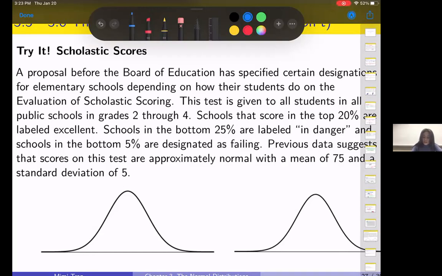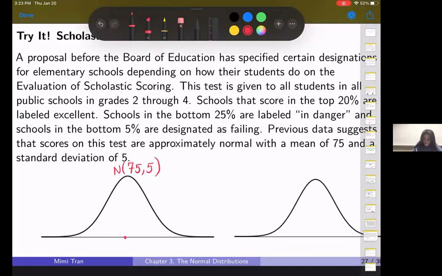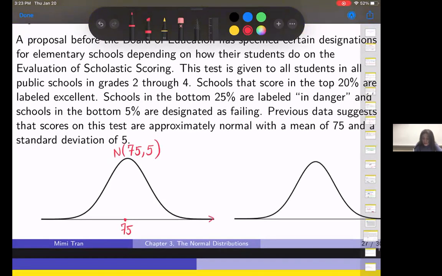So on the curve, I'm going to enter the raw distribution. The distribution here is normal with mu of 75 and standard deviation of 5. The x-axis will be scores. So first thing, when you read the problem, label your graph.